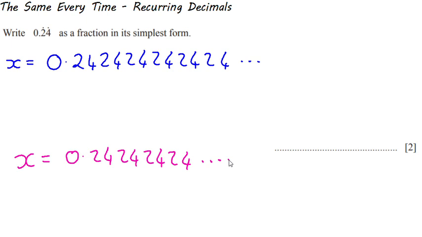But I need to do that twice. I now need another version of this decimal where the right hand side is only the repeating part. So have a look at this. If I do a cut-off point just there, you can see that the right hand side of that cut-off point only has the repeating part, 24242424.